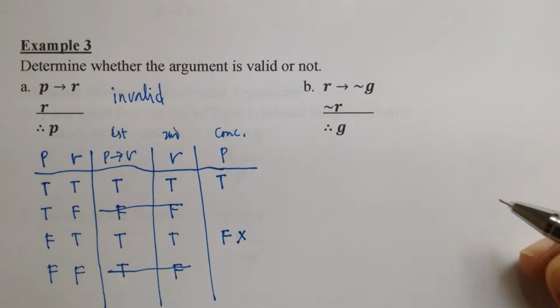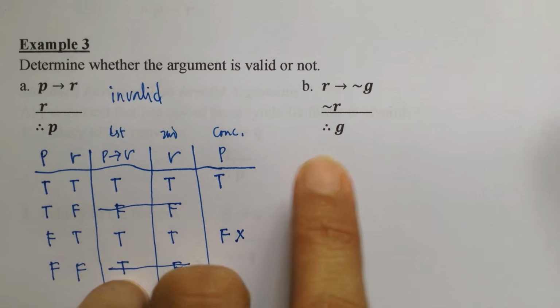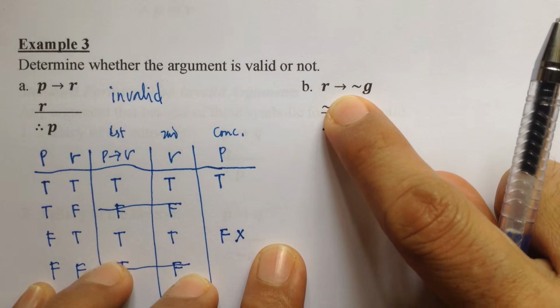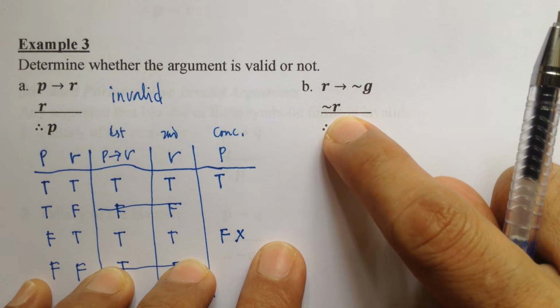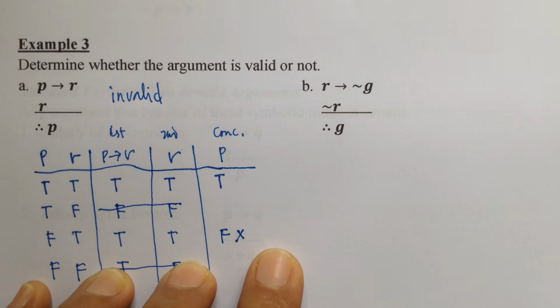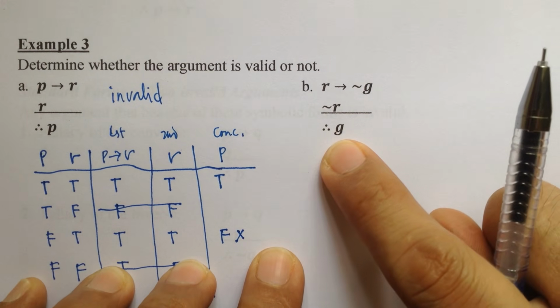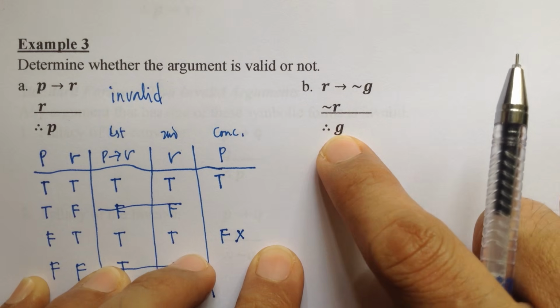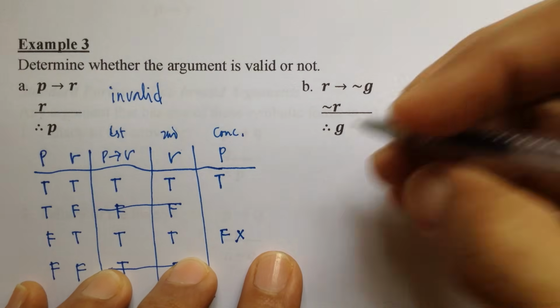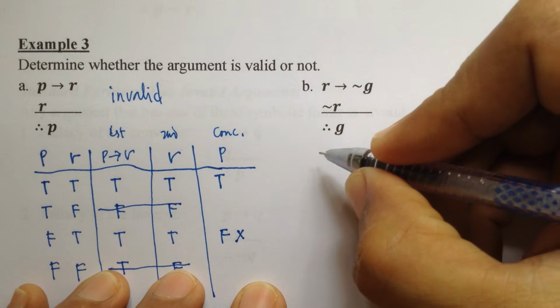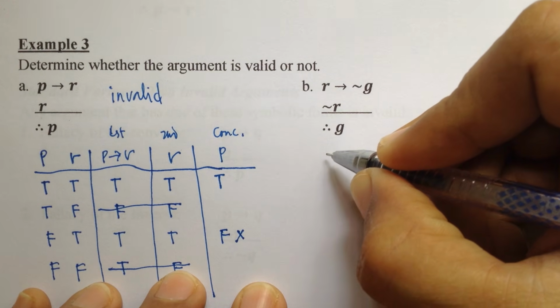For our second example, we have as first premise, R implies negation of G. Second premise is negation of R. And the conclusion, therefore, G. Again, to determine whether this is valid or not valid, we're going to construct the truth table.